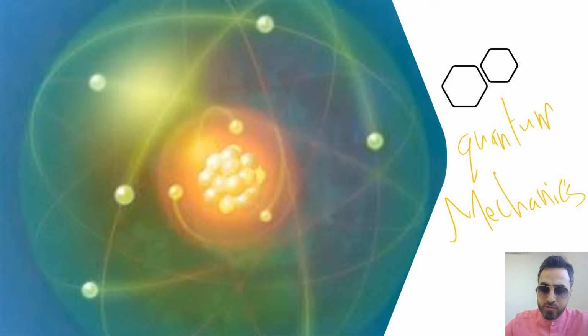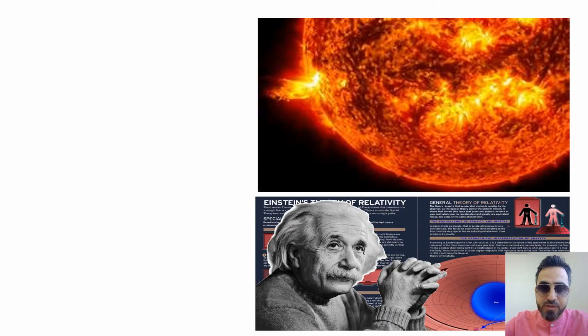As you noticed in the previous two slides, there is something called mechanics, and here quantum mechanics. The main difference between them is that mechanics is for the motion of large objects, while quantum mechanics is the motion of tiny objects.